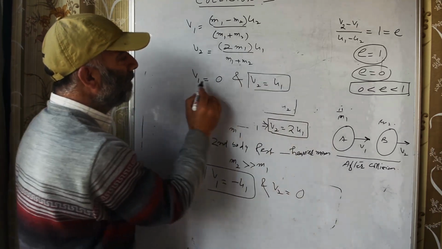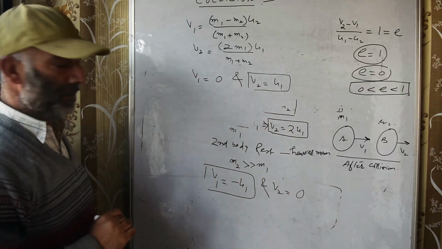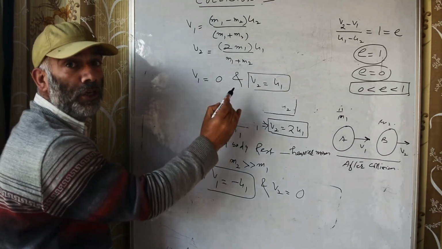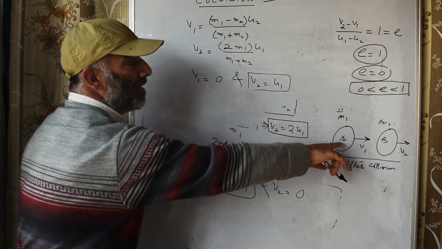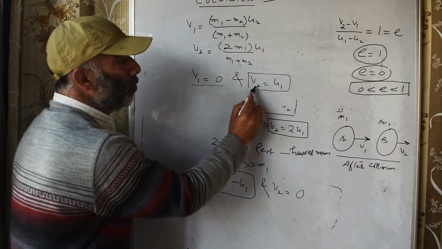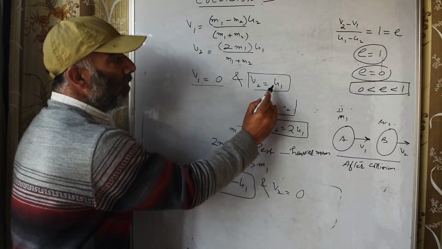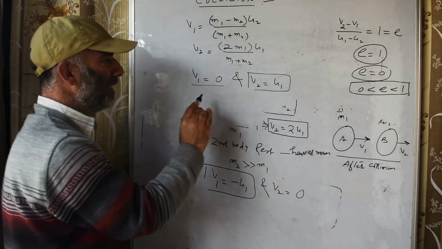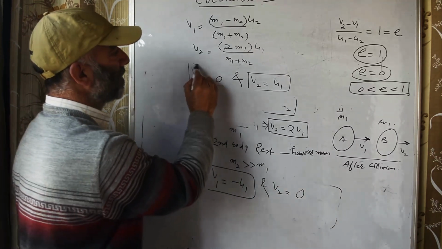If the masses are the same, then after collision the first body, which has mass M1, will come to rest. And the second body will move with the velocity of the first body. This is the case if the two masses are the same.